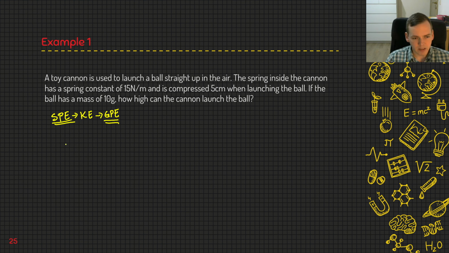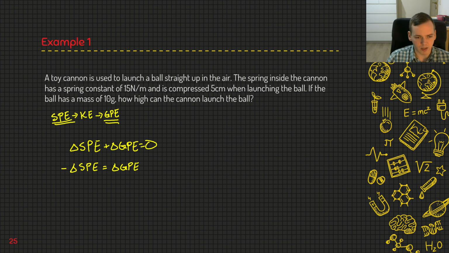So that means I can just compare these two, and I can say that the change in spring potential energy plus the change in gravitational potential energy has to equal 0. So that means the negative of the spring potential energy has to equal the gravitational potential energy. And this is just from moving the spring potential energy to the other side.